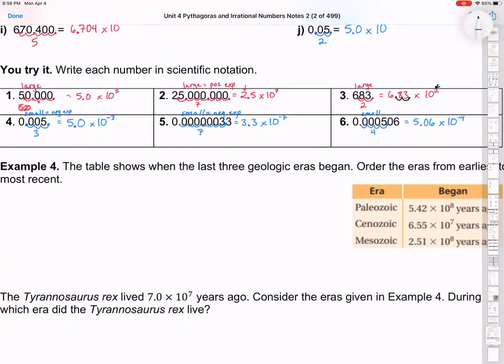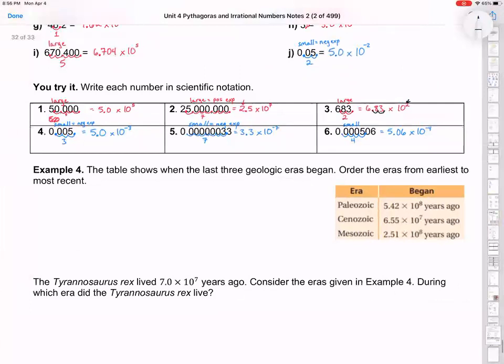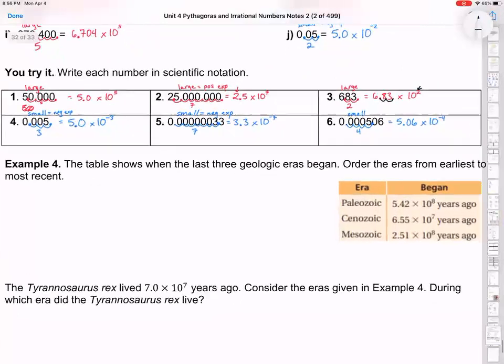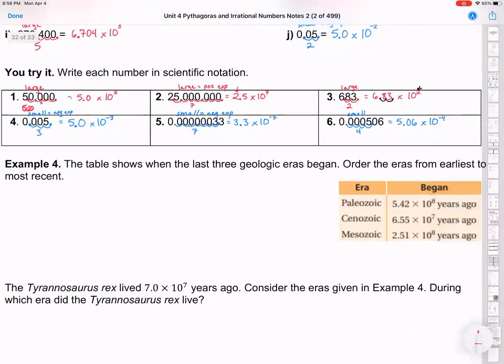All right, now looking at example 4, the table shows when the last 3 geological eras began. Our goal is to order these from the earliest to the most recent. So it looks like this Paleozoic period was 5.42 years ago.